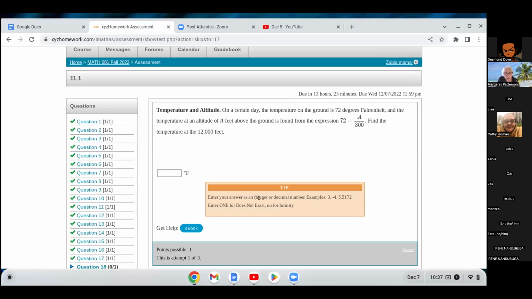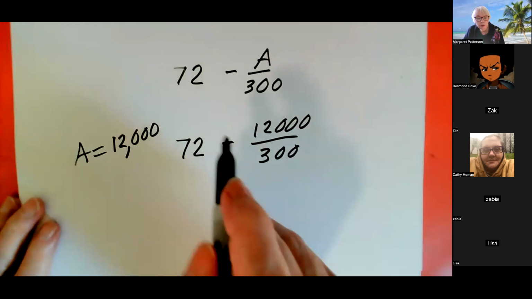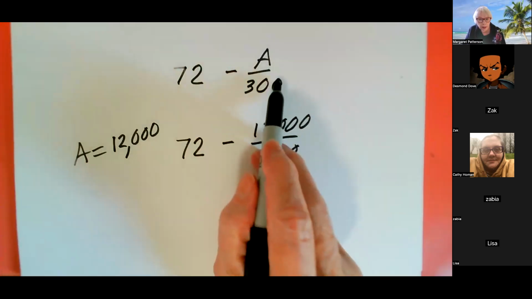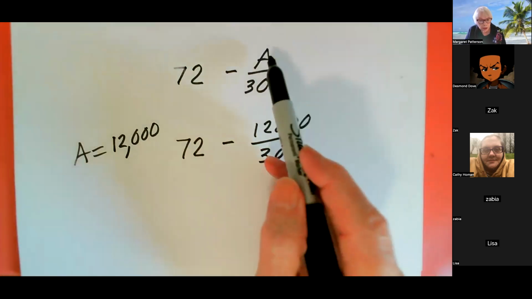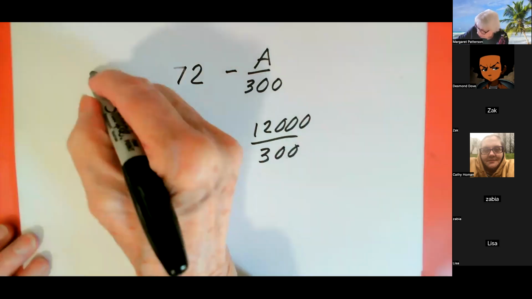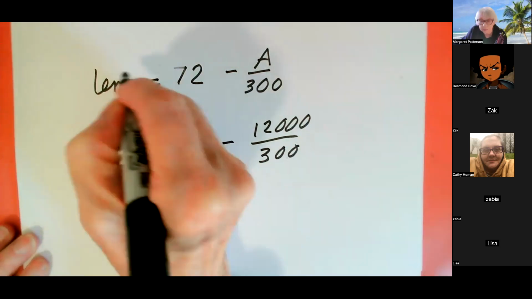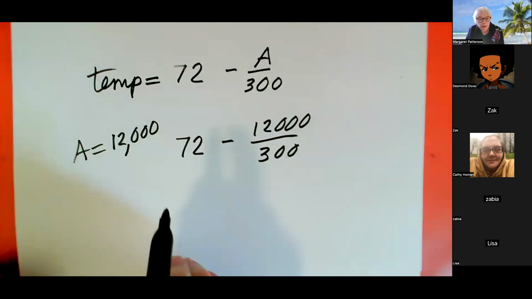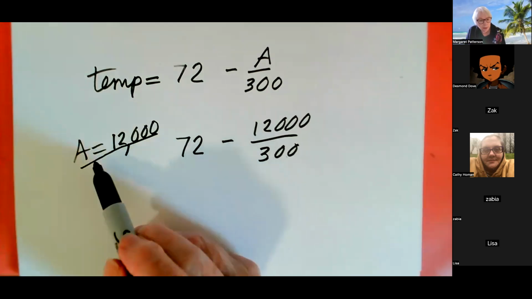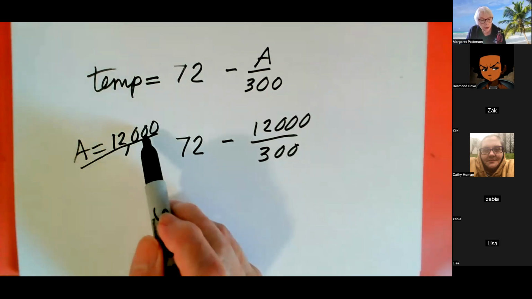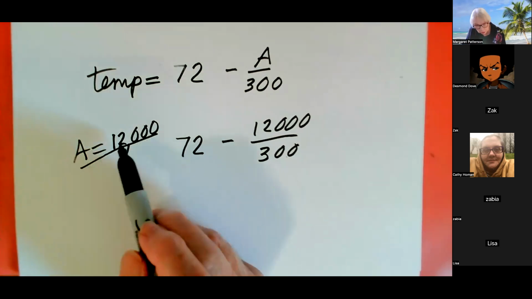If you would stop share, I'm going to show everybody what I was saying. So this was the formula that they gave. And A was altitude, and the whole thing was about temperature. Then they said, you're at the height of 12,000, which you had to assume was the altitude.